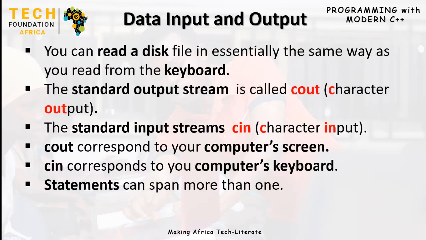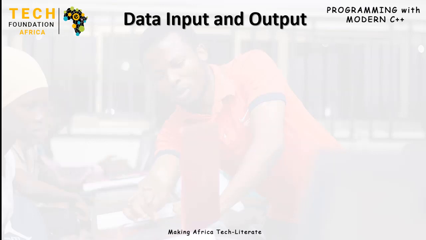The statement hasn't ended until a semicolon is appended to the end of it, so take note of that. And that is to say that once you have the semicolon appended, you can put many statements on the same line, and it doesn't actually matter. But for readability purposes, please don't do that.